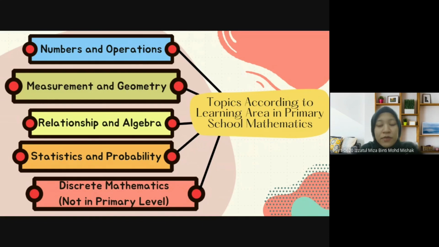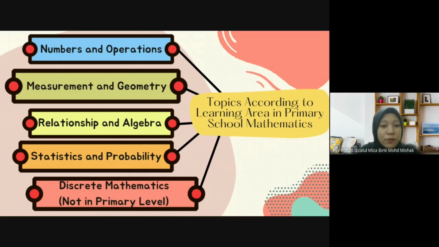For numbers and operations, there are 4 subtopics that will be taught to students, which are whole numbers, basic operations, fractions, decimals and percentage, and lastly money. For measurement and geometry, there are 3 subtopics, which are time, measurement, and space.